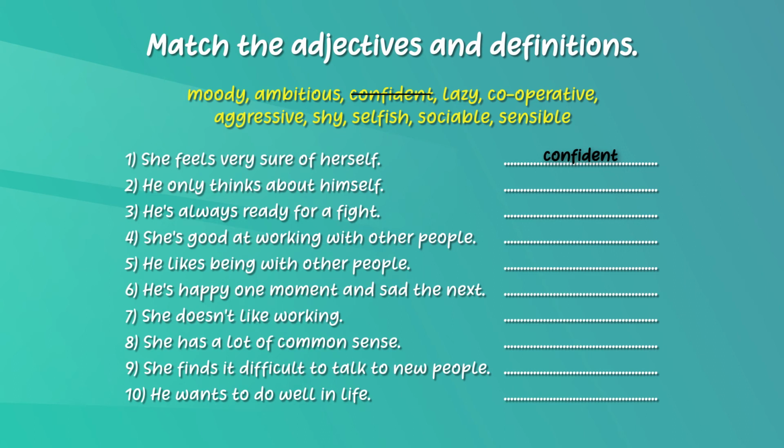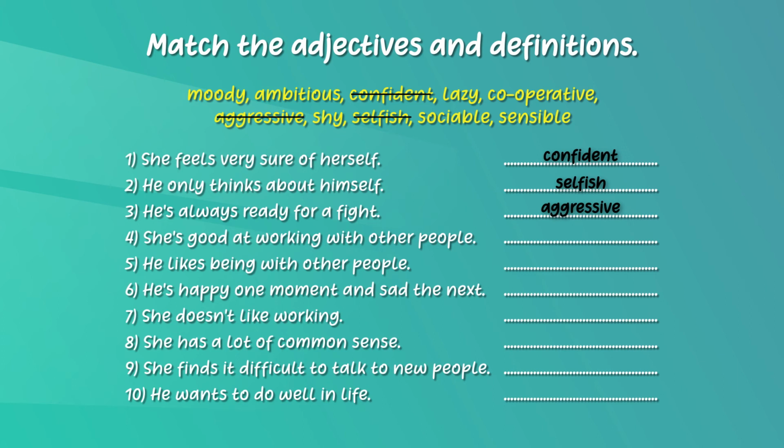Now the second one. He only thinks about himself. So what is the adjective? Selfish. Yes. Third one. He is always ready for a fight. Okay, that means aggressive. Now the fourth one. She is good at working with other people. If someone is good at working with other people, what is that adjective?